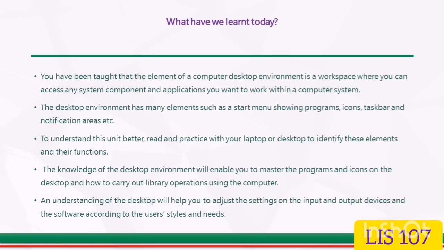To understand this unit better, in the Zoom class, I'm going to show you each of these steps, and then you'll be able to practice on your own with your laptop or your desktop to familiarize yourself with all this so that it becomes easy and then you'll be able to become a master on how to use a computer. It will also help you to understand how to adjust the settings on your input and output devices according to the way you want and need it.